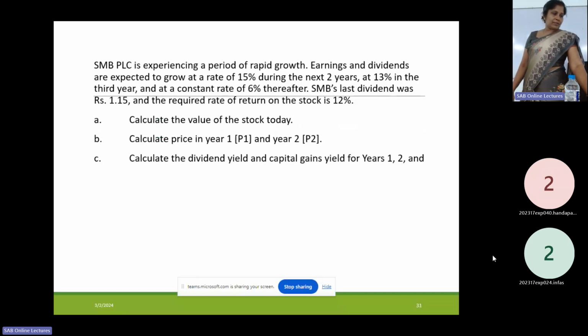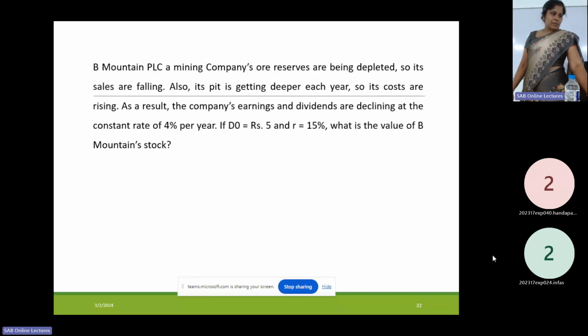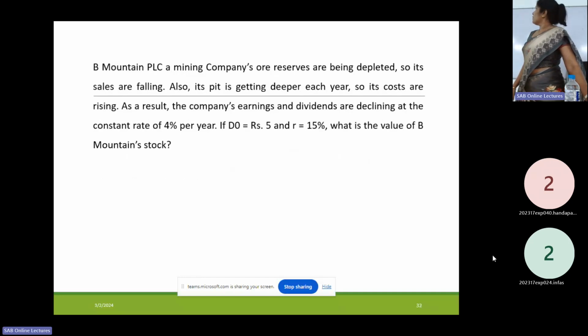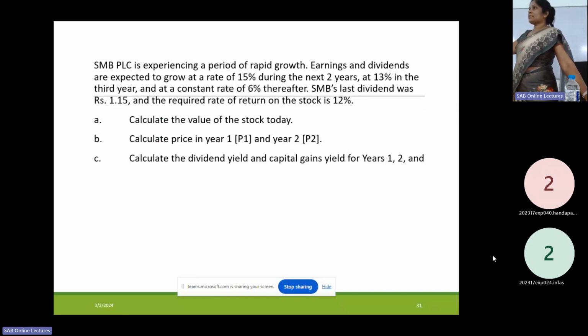So if I correct, we have to start from price multiples. Huh? We didn't do it. How about this one? This is a declining growth. I think I explained it. No. We did only this one. All right.